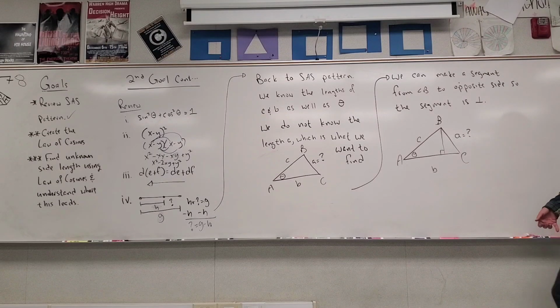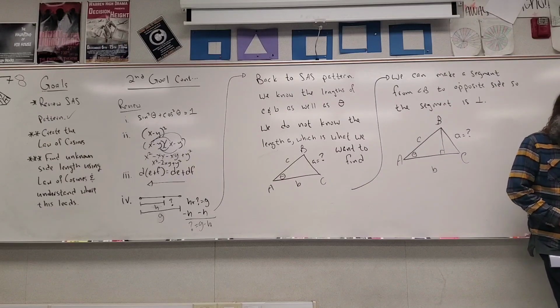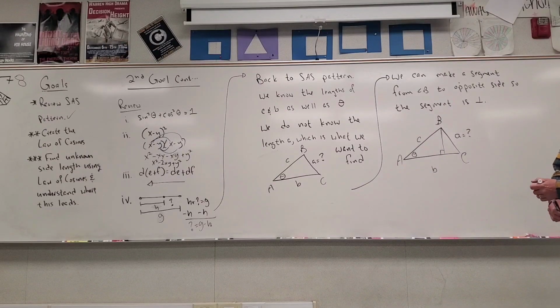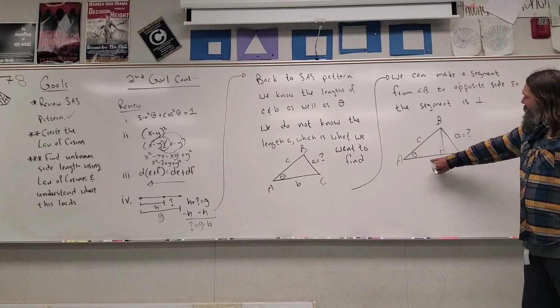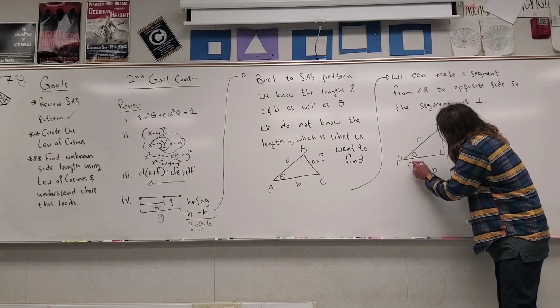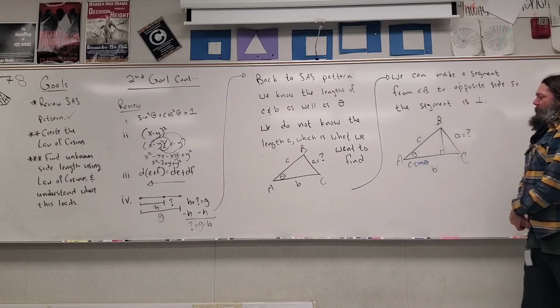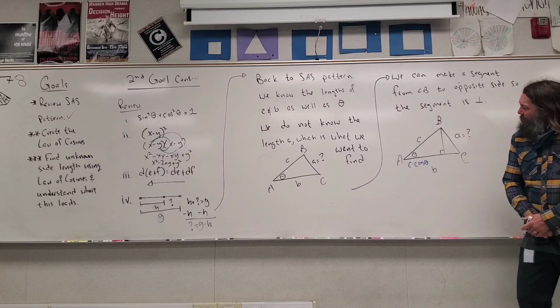By doing this, we've created right triangles, and I hope you remember the previous section, where we already figured out this value. This value is actually C times cosine of theta. And we found this length. It's C times sine of theta.